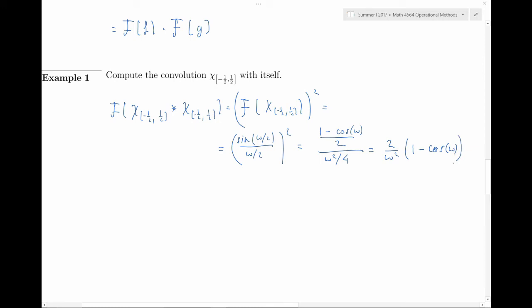And according to the previous examples, this was the Fourier transform of the tent-like function, 1 plus t on the interval from -1 to 0, and the function 1 minus t on the interval from 0 to 1.